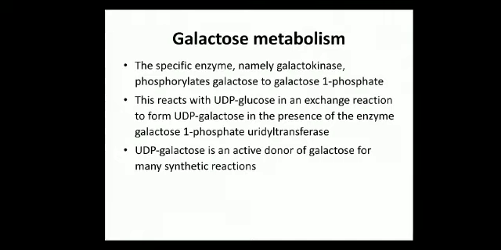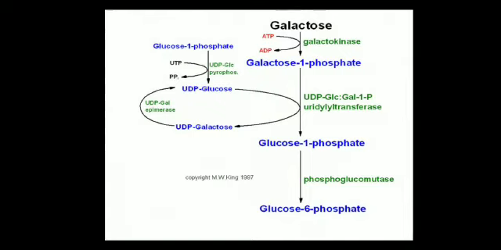UDP galactose is an active donor of galactose for many synthesis reactions. Galactose 1 phosphate is again converted to glucose 1 phosphate and glucose 6 phosphate. Glucose 6 phosphate enters further oxidative reactions. So this is how galactose is metabolized.